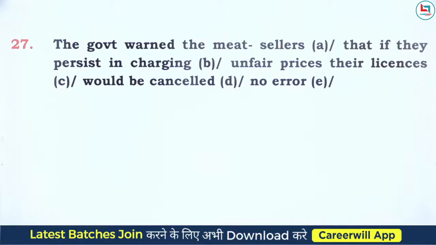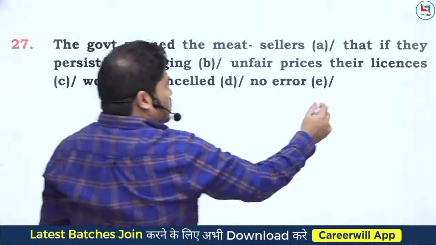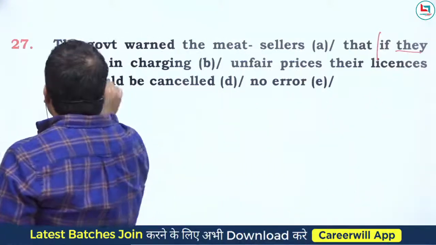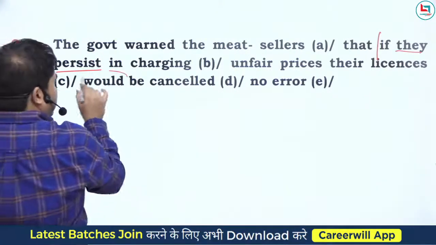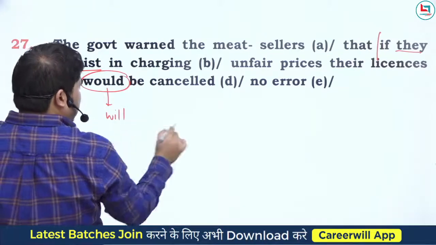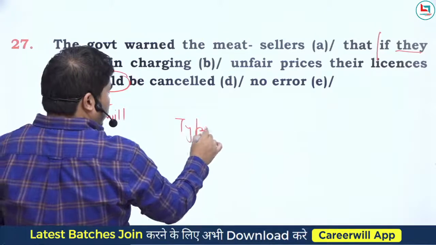Whatever is written after that, you have to pay attention to. If they persist in charging unfair prices, their licenses would be cancelled. They persist. This is present indefinite, right? So would is incorrect. Would will be replaced by what? Will be. This is type 1.